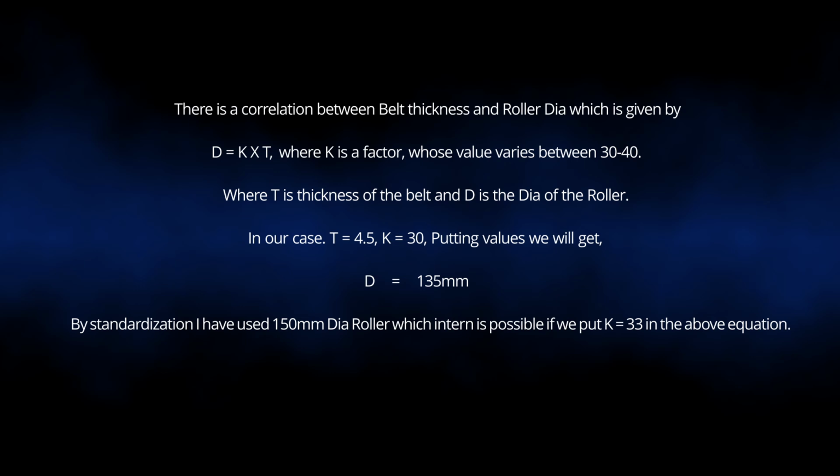I will discuss how I have chosen thickness of 4.5 later in this video, but for the time being, putting T equals 4.5, we will get D equals 30 multiplied by 4.5 equals 135 millimeter, and for standardization purpose I have selected 150 mm. This can be achieved if we select K to be 33.